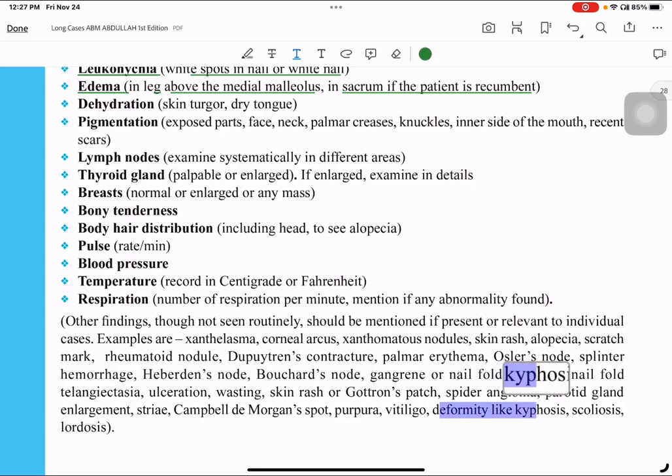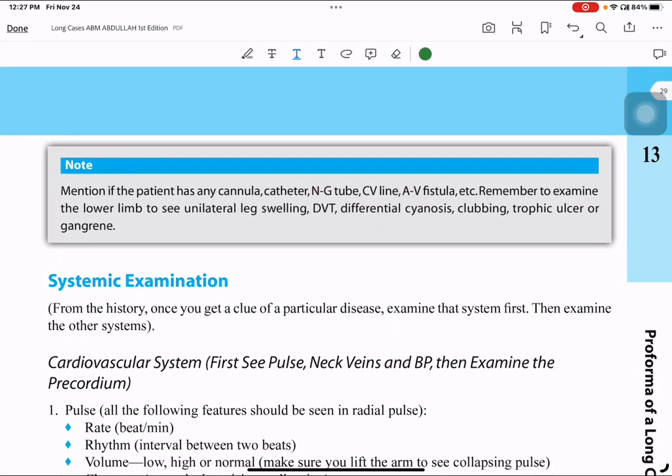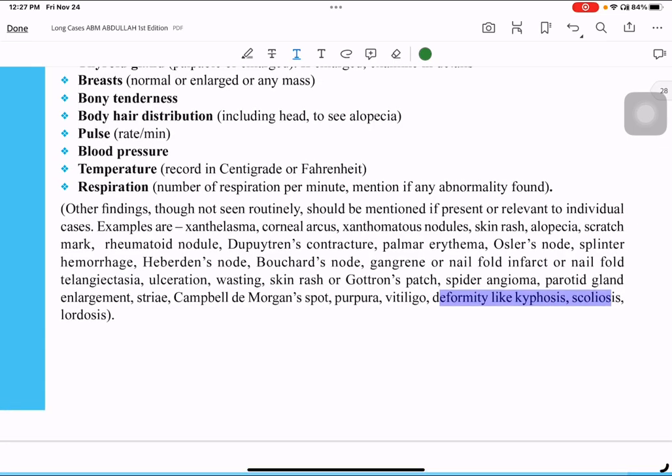The patient may have some kyphosis, scoliosis, and some rheumatological disease like ankylosing spondylitis, juvenile arthritis. So examination from head to toe is very important in the general examination before going to the systemic examination after history taking, to get a conclusive diagnosis.